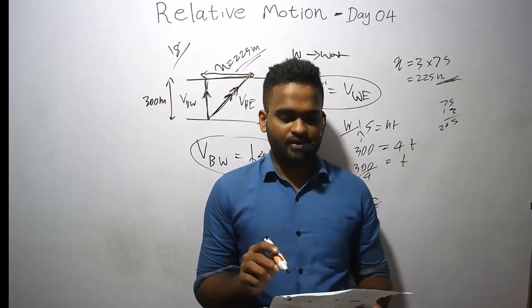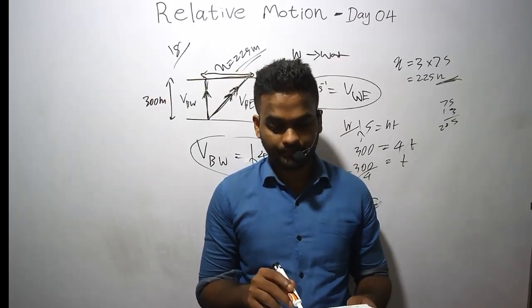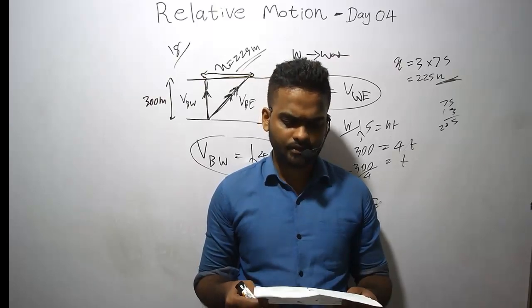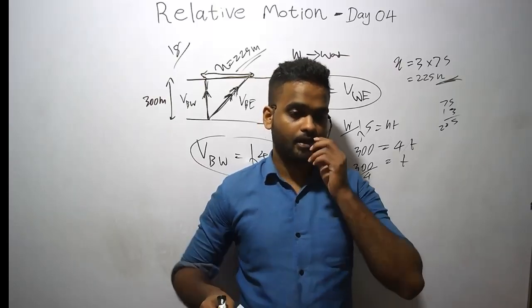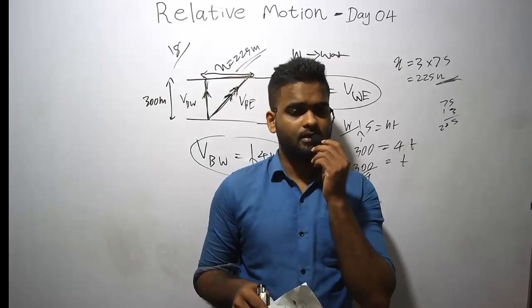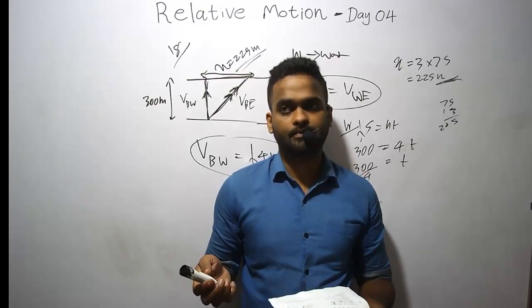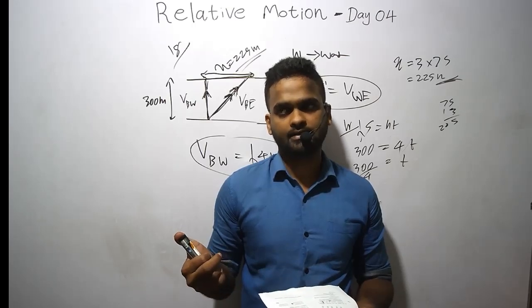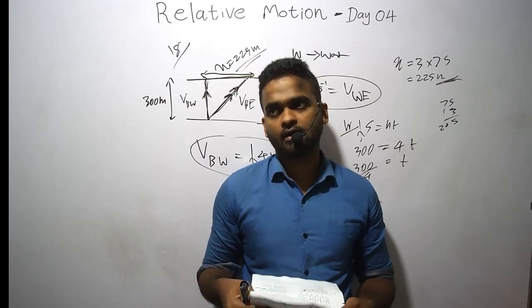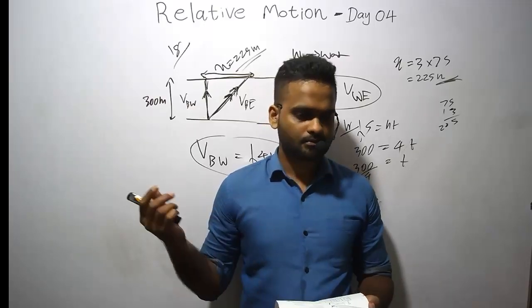So there are a few questions remaining. You can do those questions by yourself. There's a test in the common group, at 2025. That test also contains, I think, test number 5, relative motion questions.